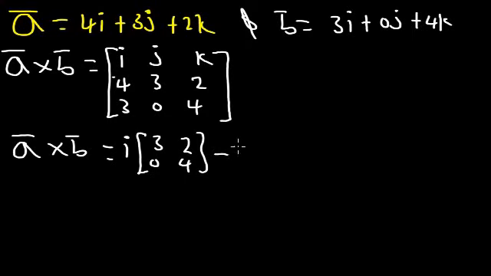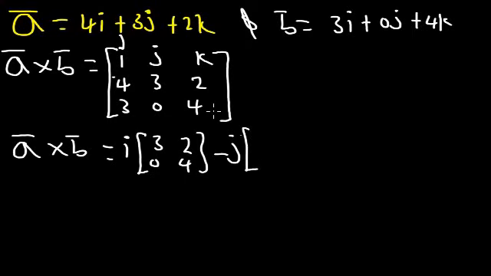Then negative j. Okay, you might be wondering where the negative is coming from. Well, that's just how a 3 by 3 matrix is simplified in terms of determinants. The first one will be positive, second one will be negative, third one will be positive, and in a 4 by 4, the next one will be negative. It will keep on alternating. That's just how it works. Okay, hopefully that helps.